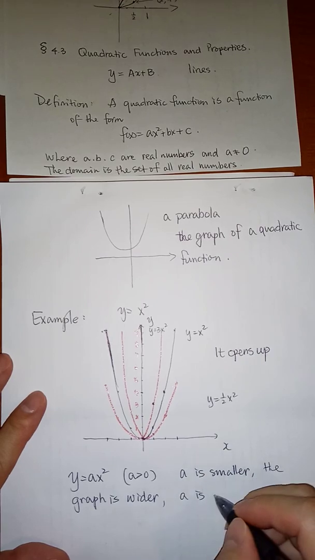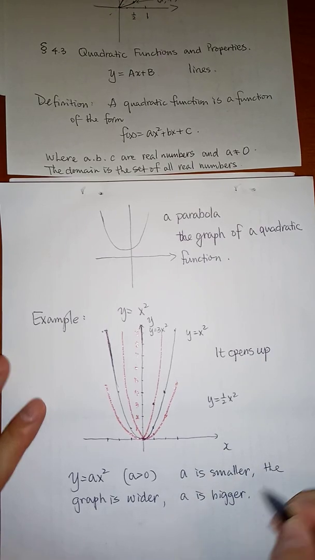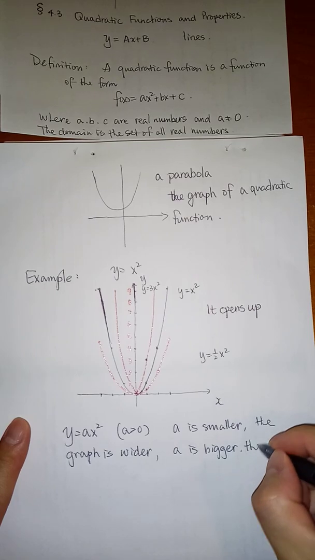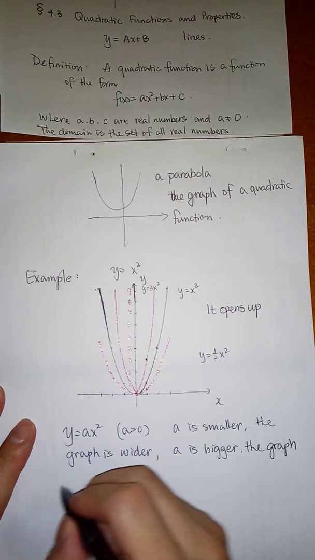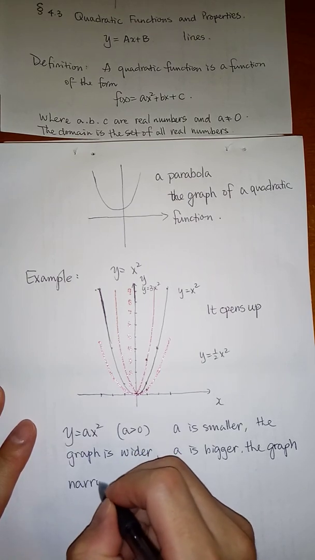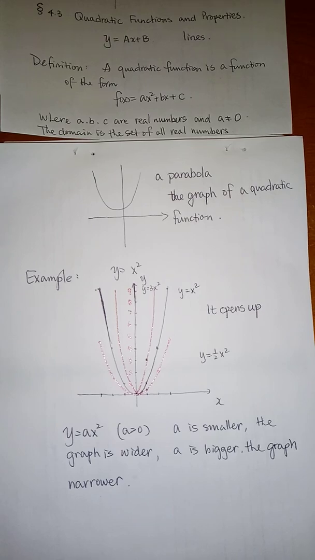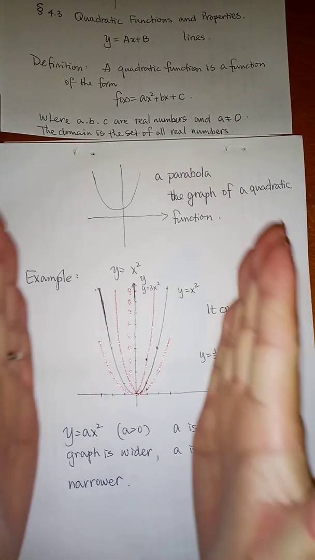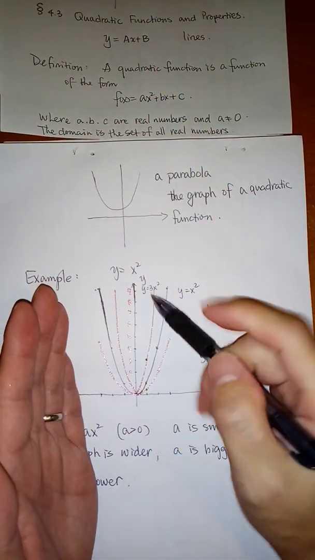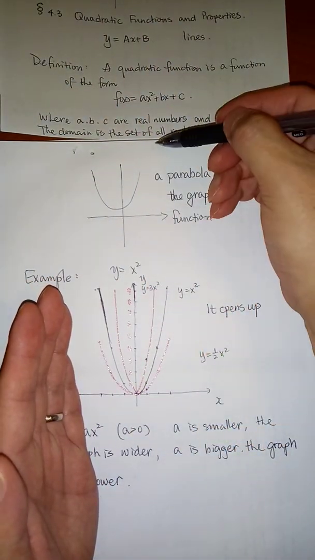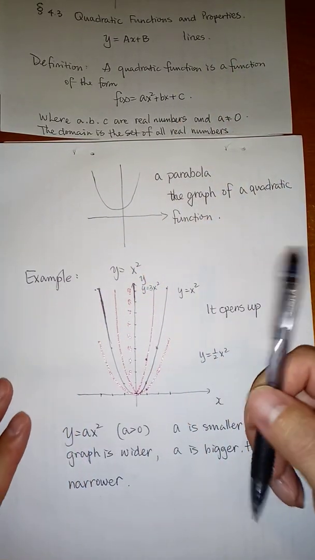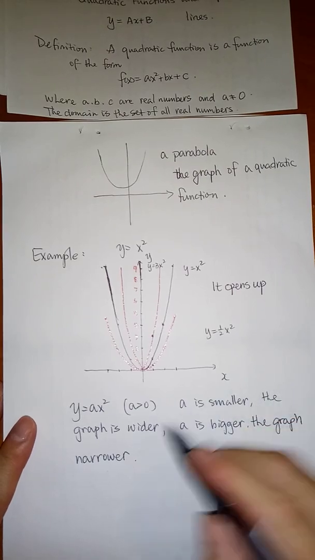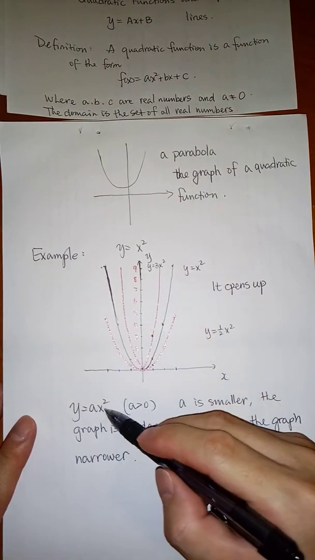When a is bigger, the graph is narrow. So if you have y equal to 10x squared, it looks like a straight line, going much more steeply up. That's for a positive coefficient times x squared.